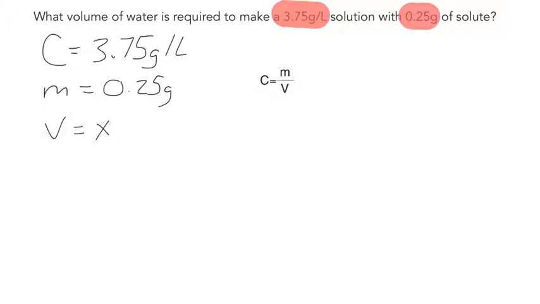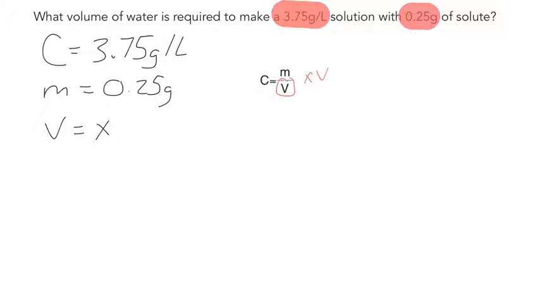Now, we're trying to isolate V. So the easiest way to do this is to rearrange the equation before you start. So again, we have M divided by V. What you want to do, the opposite of a division is a multiplication.